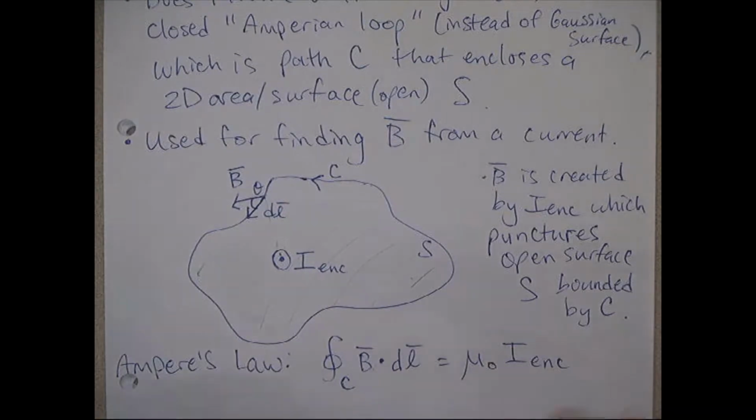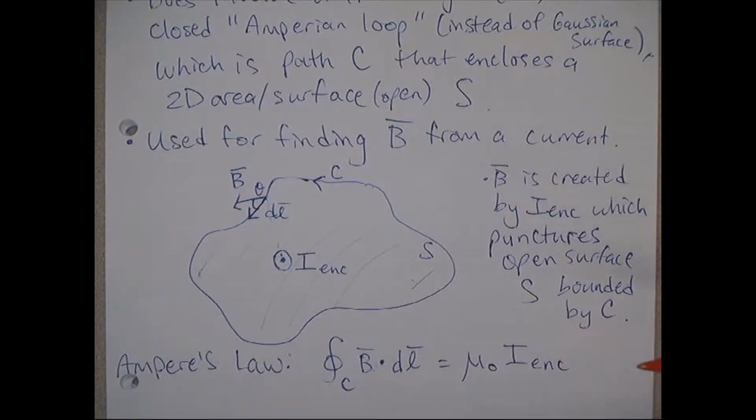Ampere's law is useful, as you'll see in an example here, for determining the magnetic field that results from a current. We've seen that currents flowing through space produce magnetic fields in the region surrounding the current.